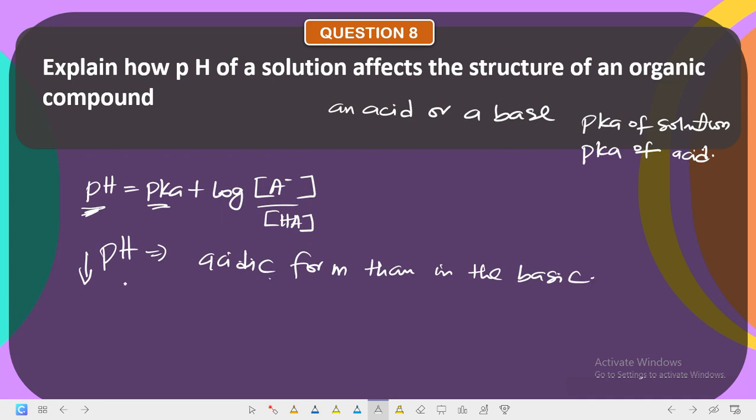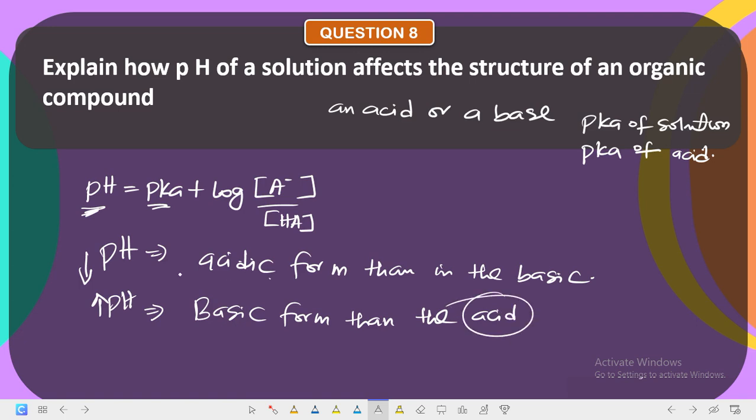Now, how about if the pH is greater than the pKa? What does that tell us? It tells us that it will stay more in the basic form than in the acidic form.